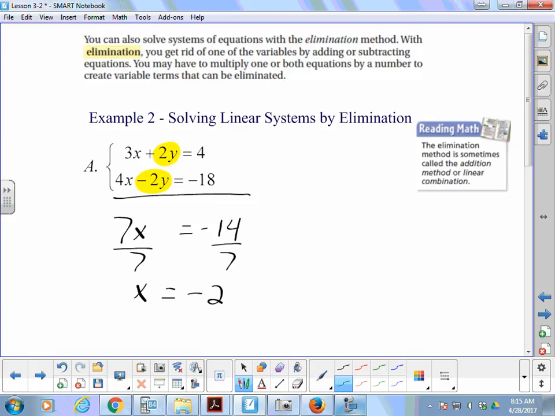Okay. So now I know that x equals -2. I can use the first equation or the second equation to find y. Right? Does not matter which one. It's completely up to you when you're doing it. I'm going to go ahead and use the first equation. So 3 times -2 plus 2y equals 4.